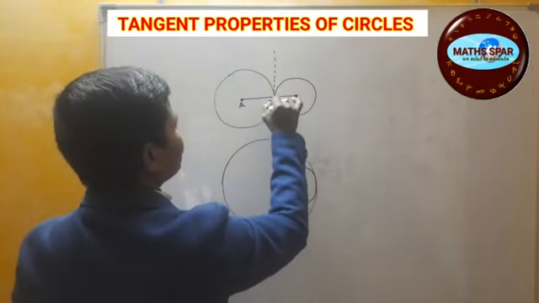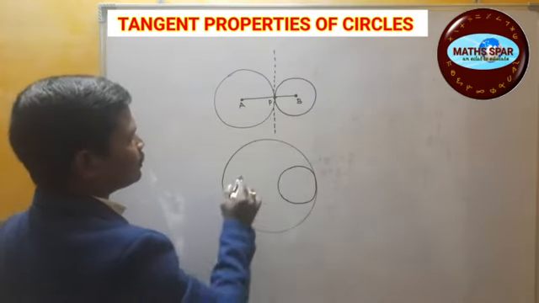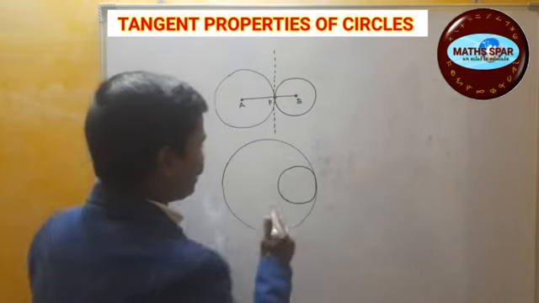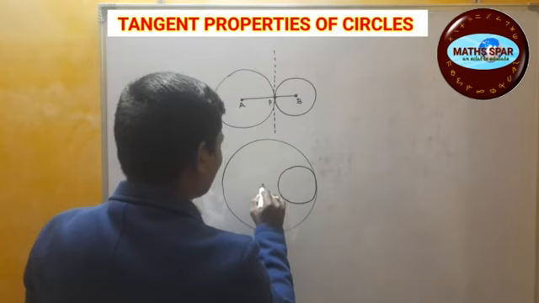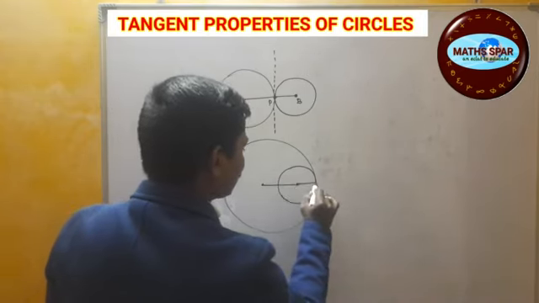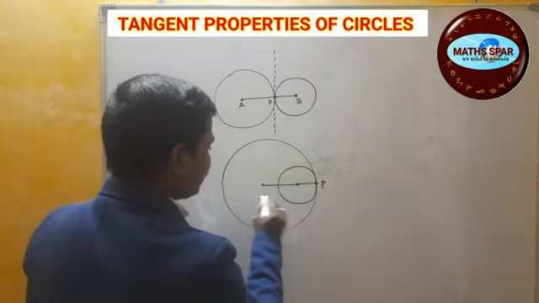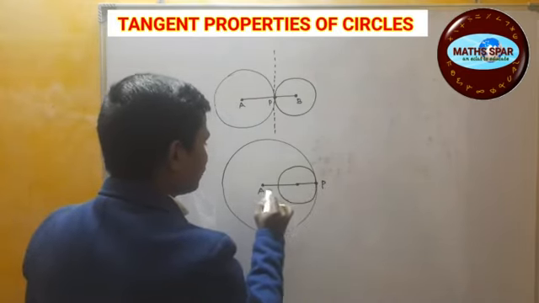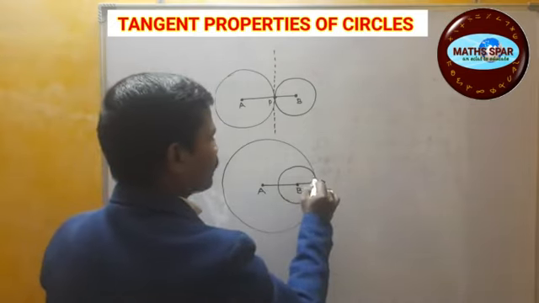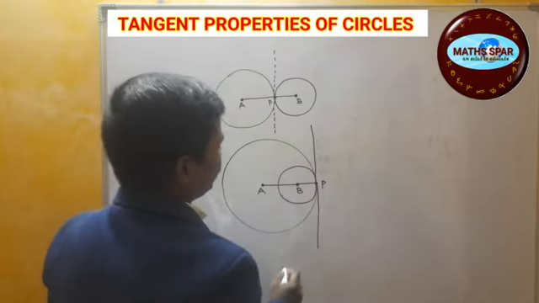So, there is one common tangent drawn when two circles touch externally, and here the point of contact lies on the straight line drawn through their centers, and the point of contact is the same.